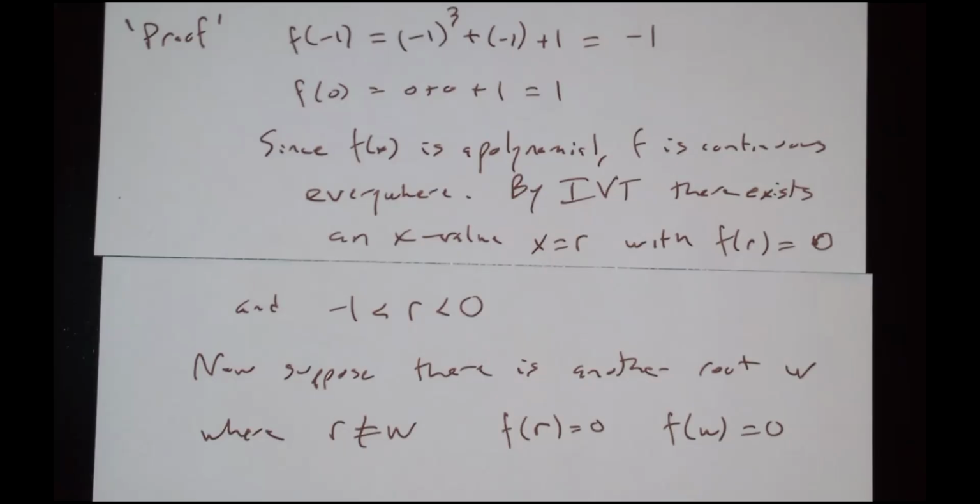At the bottom of the screen, I see f of a equals f of b if I use R and W as my two values, right? The function is continuous everywhere. So it doesn't matter to me whether R is on the left of W or W is on the left of R. It's continuous everywhere.